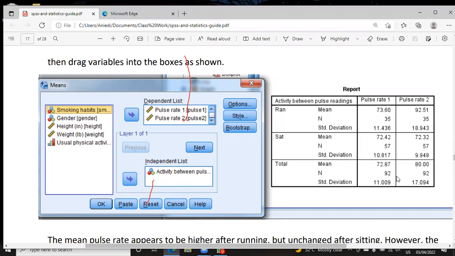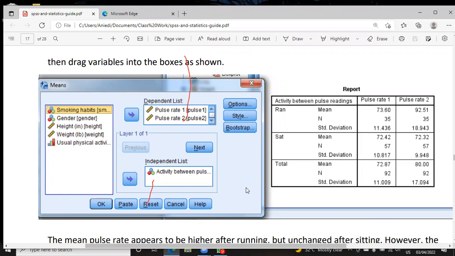So that independent test would be to find out which of the genders contributes more to a higher pulse rate. I understand, sir. When they now say activity between pulse, giving two different conditions, I should be able to know which t-test to apply. You understand me now? Yes, sir.